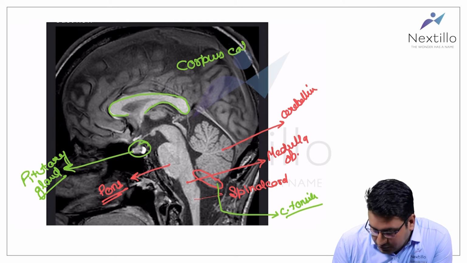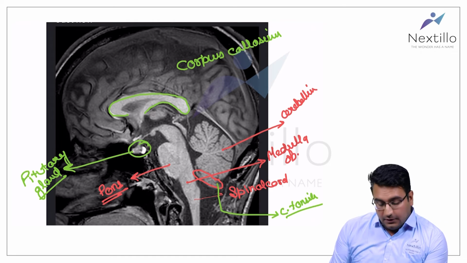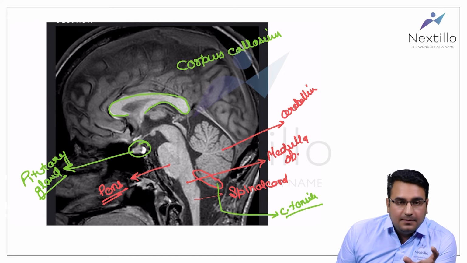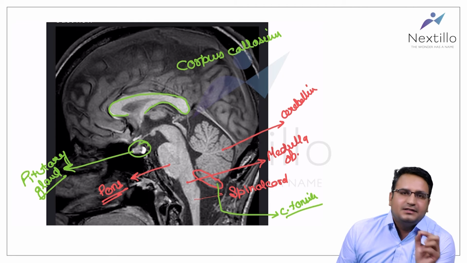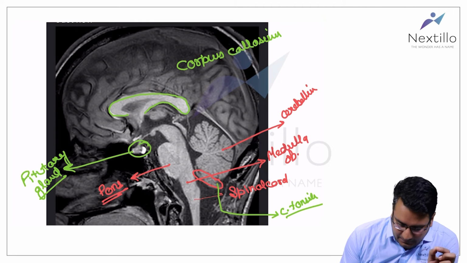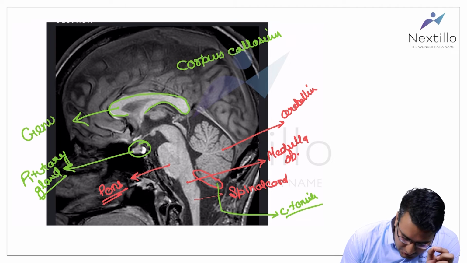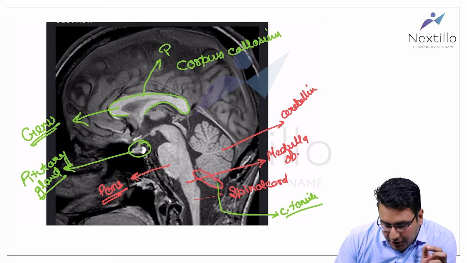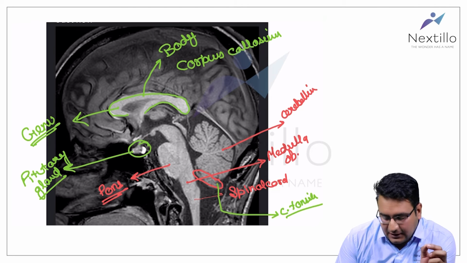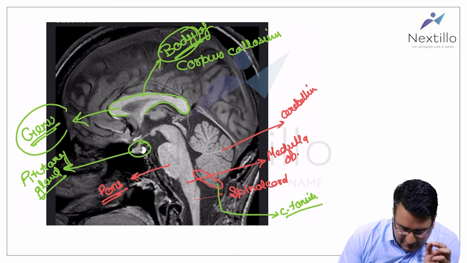In the corpus callosum, they ask each and every part. They will mark it differently and ask each part differently. This part is body of corpus callosum. This part is genu.